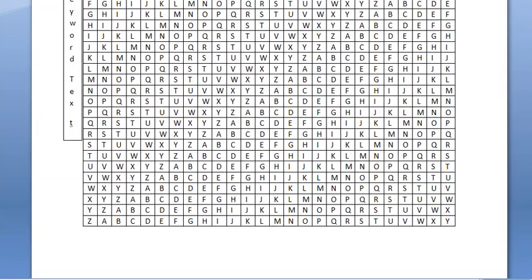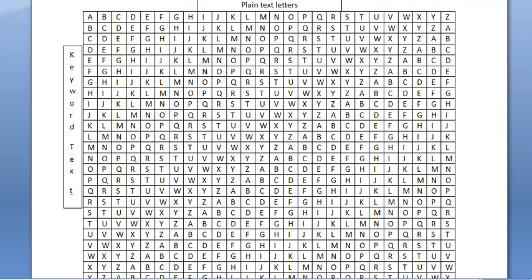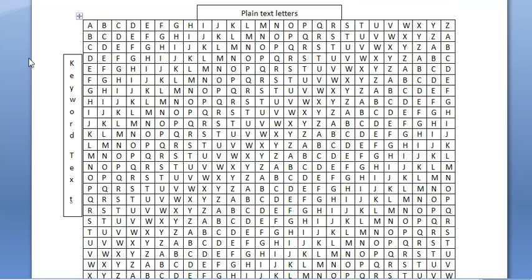So first of all, you need to make this table. How is this table made? First of all, you need to write A to Z. Then from the second row, start from B. If you start from B, there will be one space remaining, and A is remaining, so write A over here.